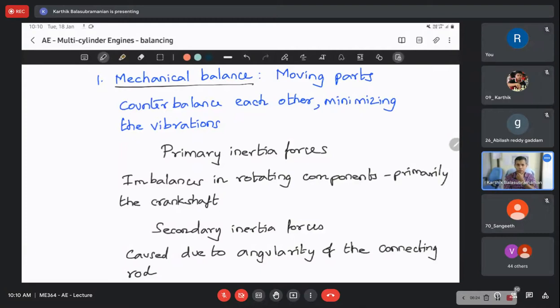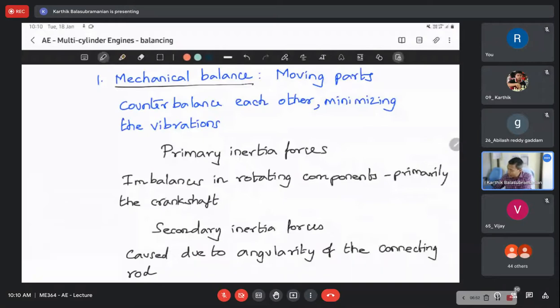Very simple. Anyone can say. Counterweight. Yeah, you add counterweights exactly opposite at the same distance from the axis, right? So that is the primary inertia force when you balance it.